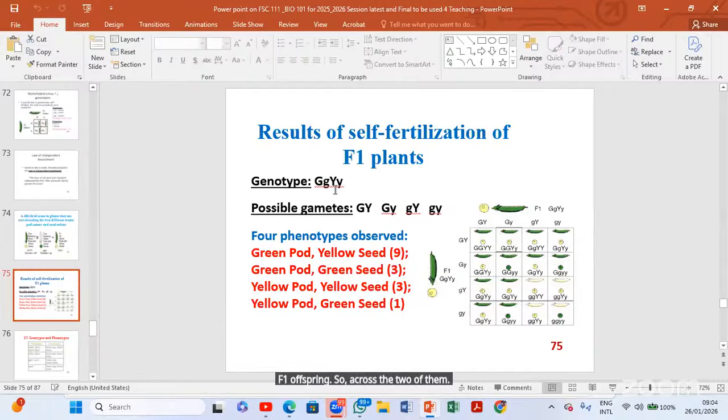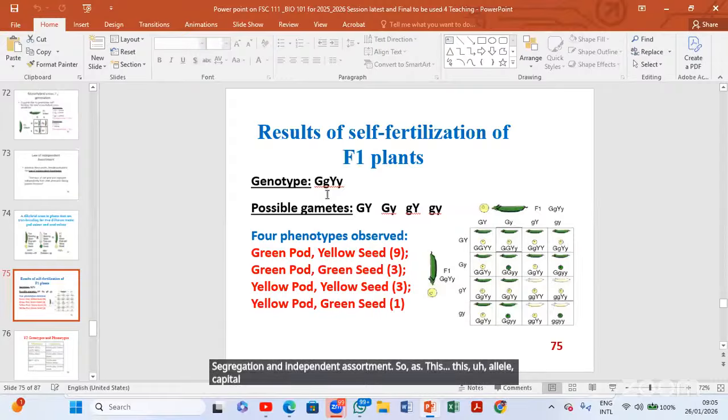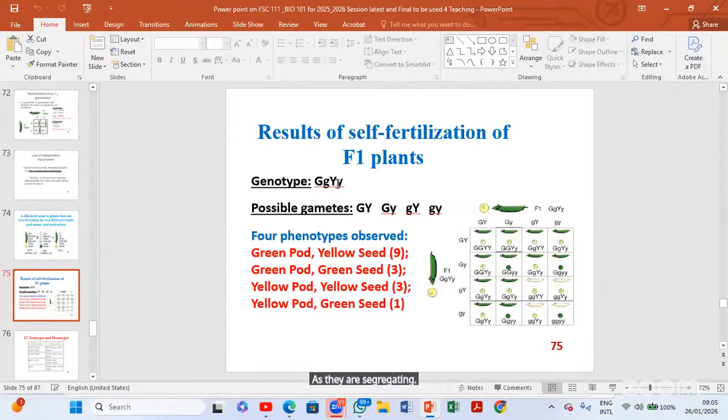But we have to know, how do we have the gametes that will be produced? For an individual with this genotype, there are 4 possible gametes that the individual can produce. How do you mean? Remember our segregation and independent assortment. As the alleles capital G, small g are segregating, capital Y, small y are equally segregating.